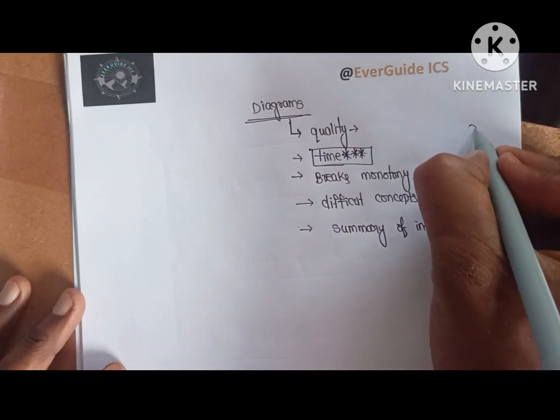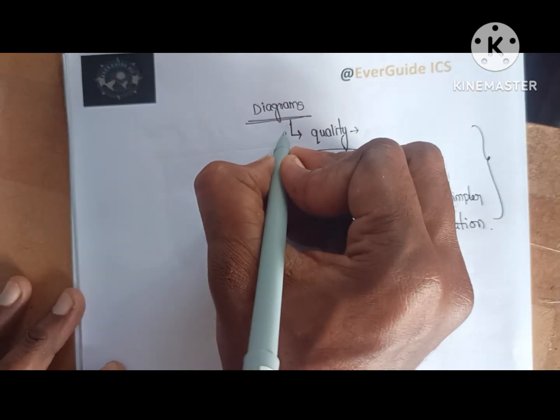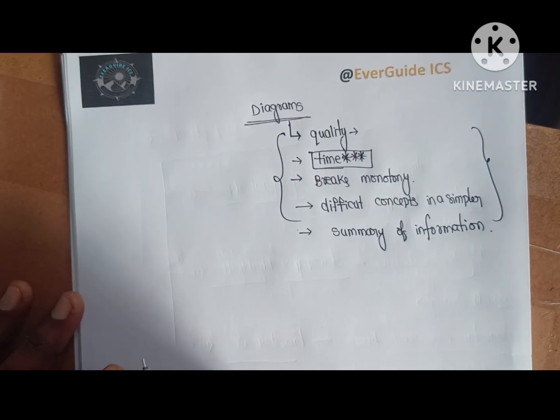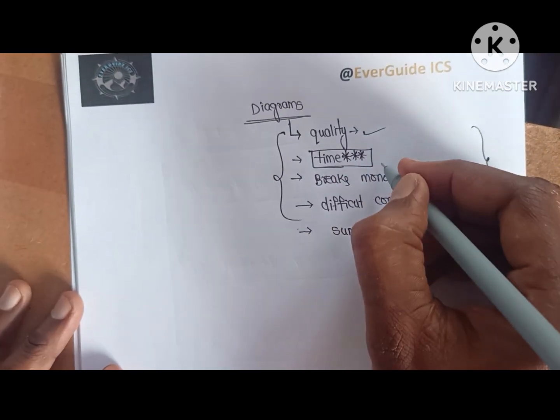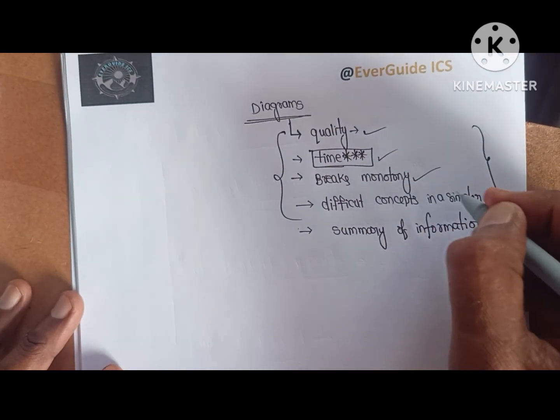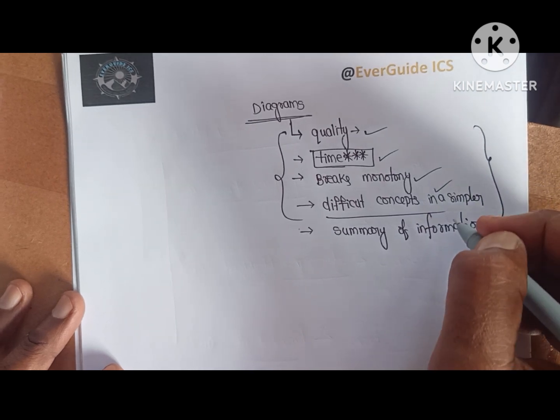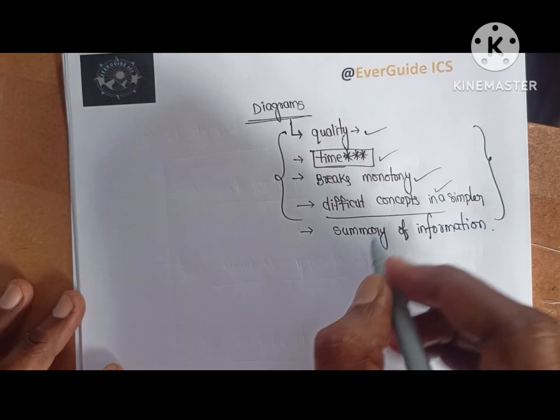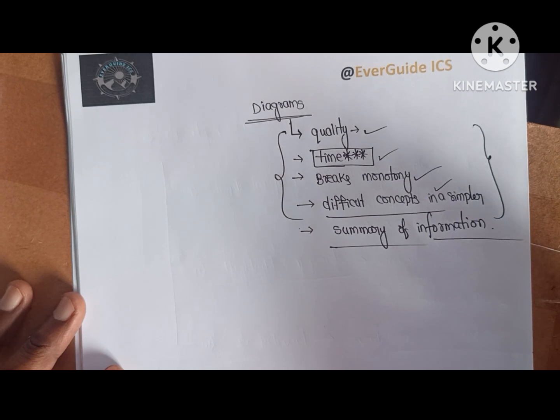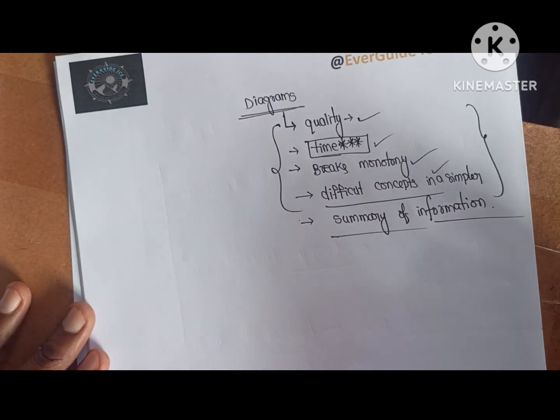These are the advantages and importance of drawing diagrams in your answer. It improves the quality of the answer, saves time, breaks the monotony, helps to explain difficult concepts in a simple manner, and also provides a summary of information of your answer.